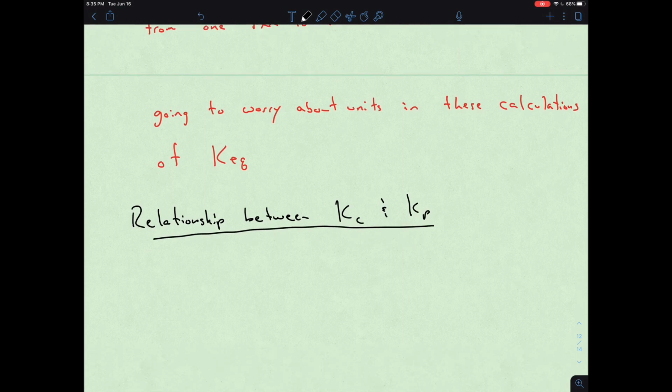They're interconvertible. There is an equation to relate both of them, so we can interconvert between the two.